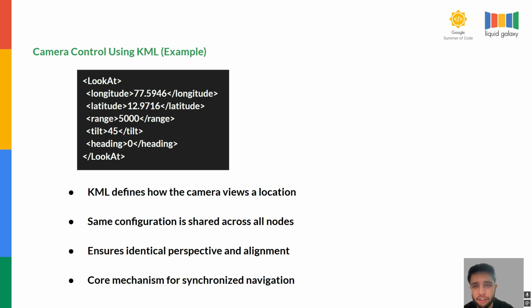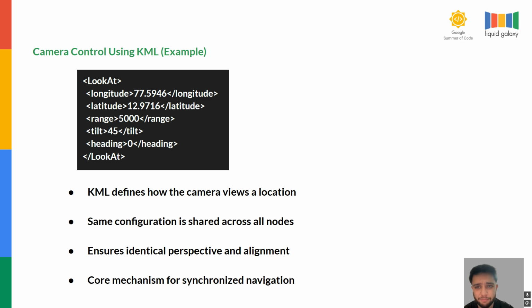So longitude and latitude specify the geographic location the camera is focused on, and in this case the coordinates point to the city Bangalore. The range defines the distance of the camera from the ground, which controls how zoomed in or zoomed out the view is.